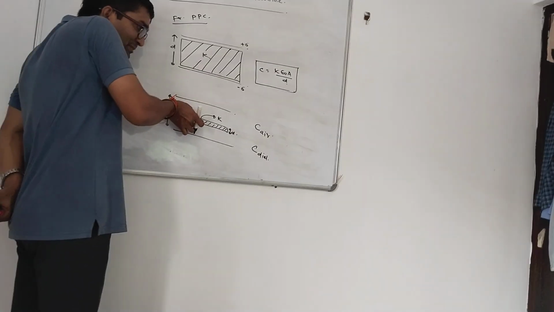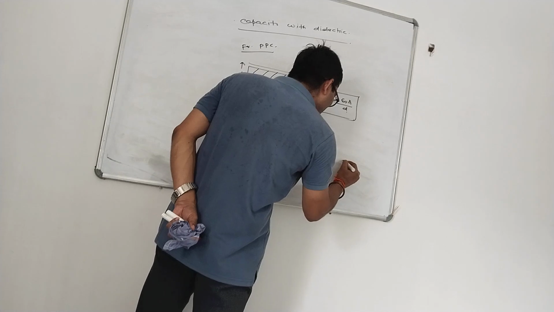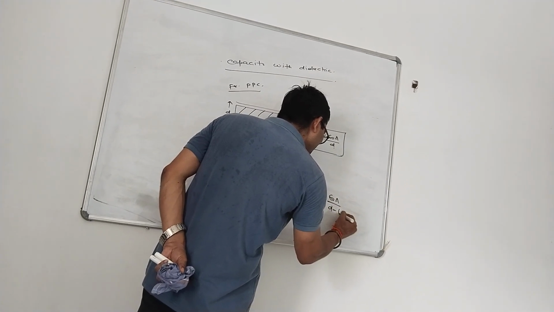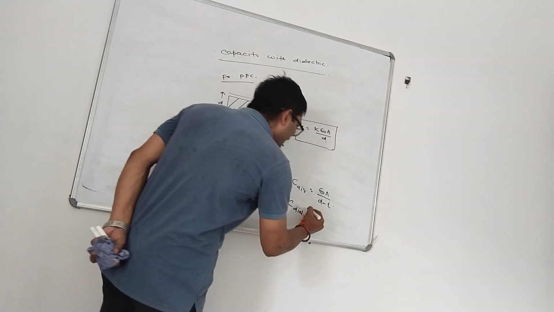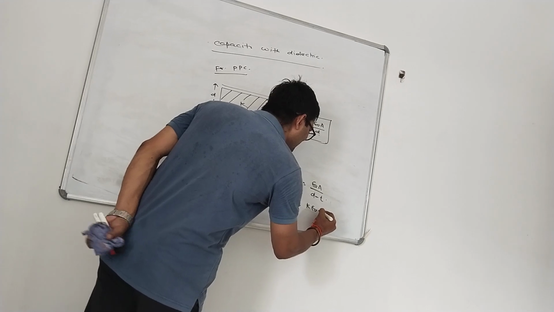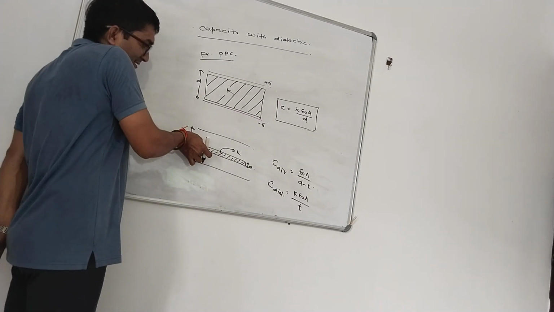For air, it becomes epsilon naught A upon D minus T. And for the dielectric, it becomes K epsilon naught A upon T, only for this part.